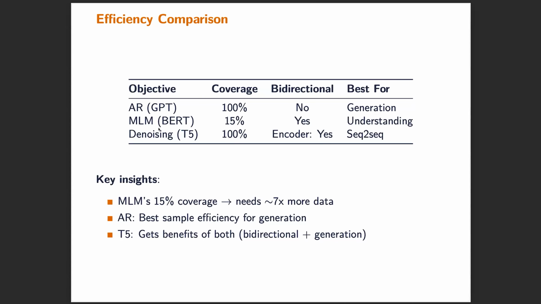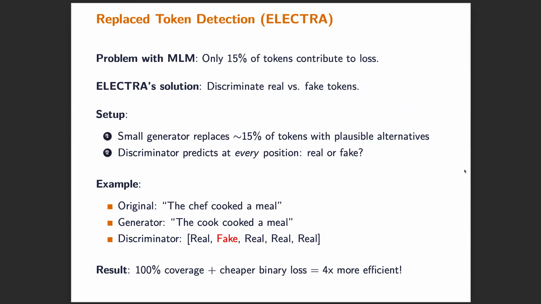Now, there are ways to improve the BERT models. For example, there is this Electra solution that, instead of doing masked language modeling, replaces this 15% of tokens with plausible alternatives and then discriminates whether they are real or fake. This way we provide more supervision signal from the same data.